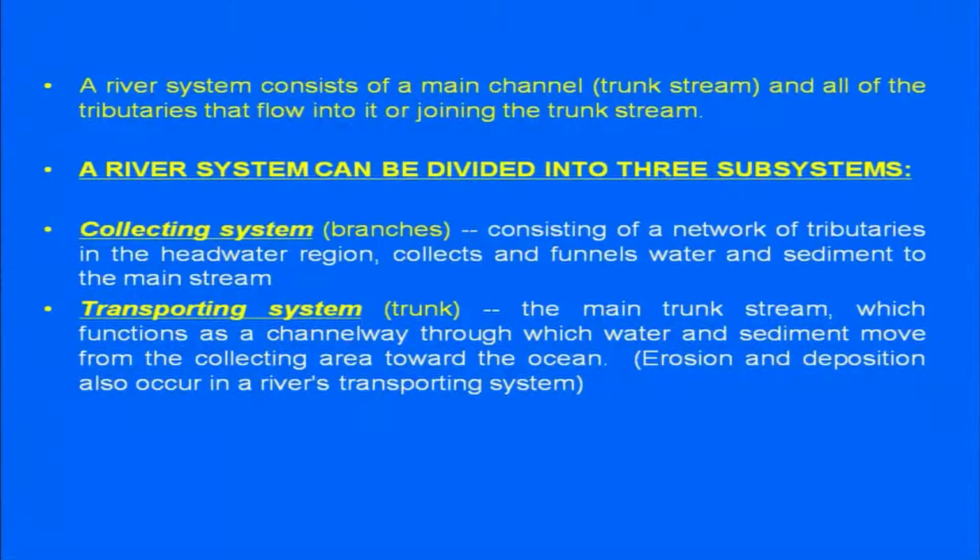It may be the ocean, as I told, it may be the trunk stream or another major stream to which it goes and joins, or it may be a stationary water body, either a lake or a pond in which it goes and meets. But usually we have seen the major river system or the drainage ends its journey in the ocean.